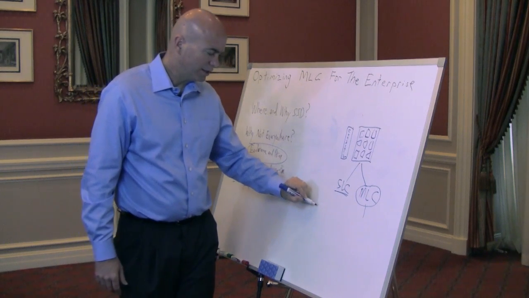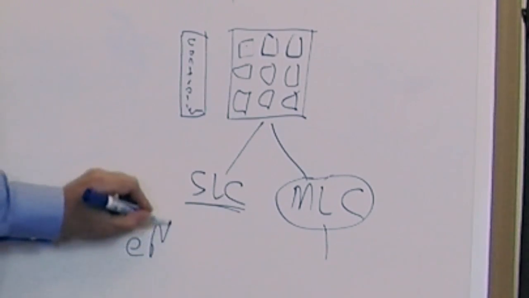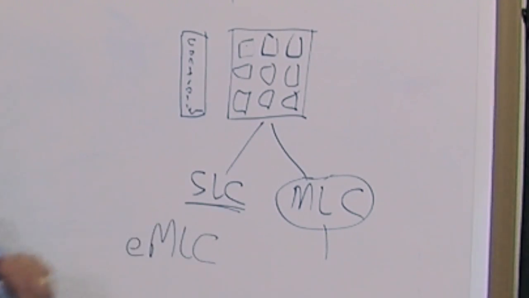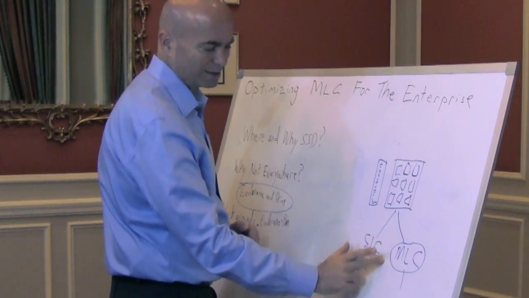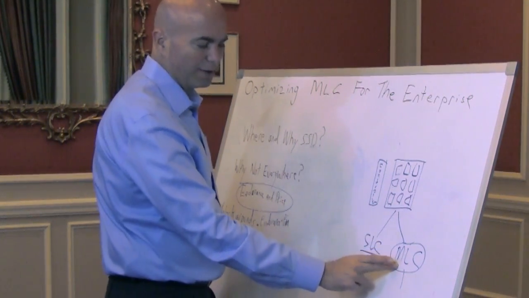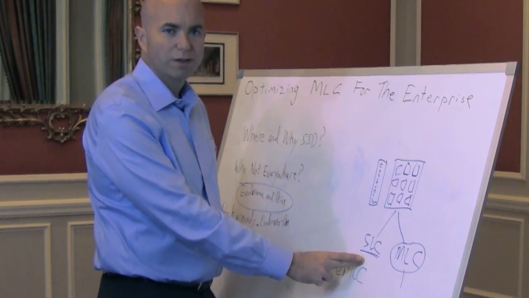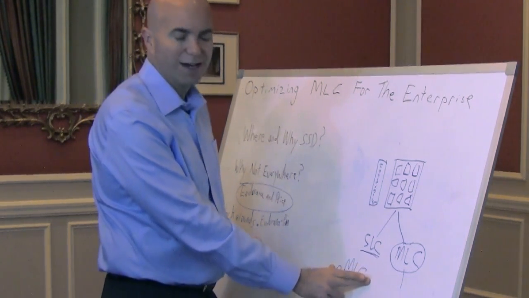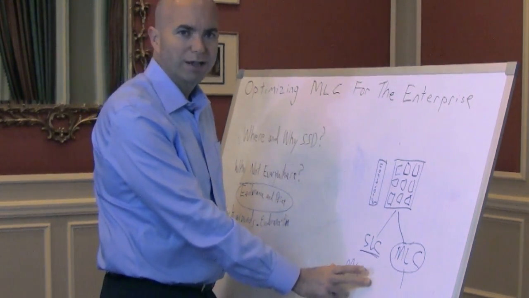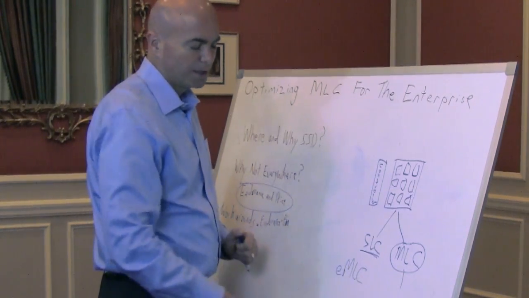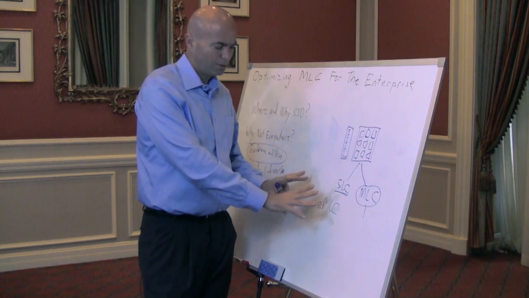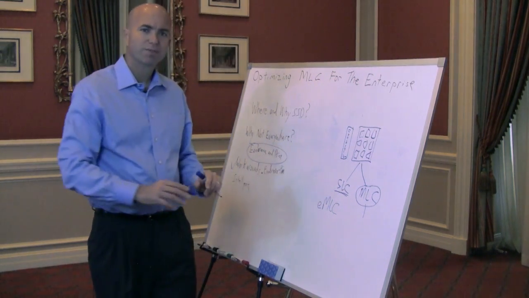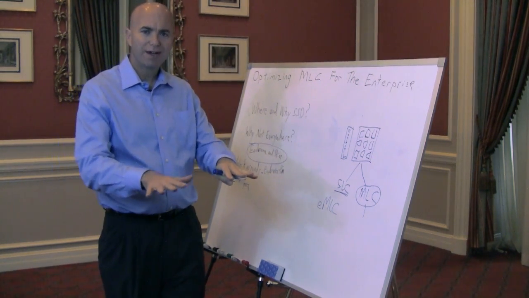Now another variant is a version of NAND called eMLC, and it has a life expectancy that's better than MLC, but not quite as good as SLC. It's probably in the 30,000 program erase cycle expectancy range. The way eMLC gets this longer expectancy is it slows down the write.